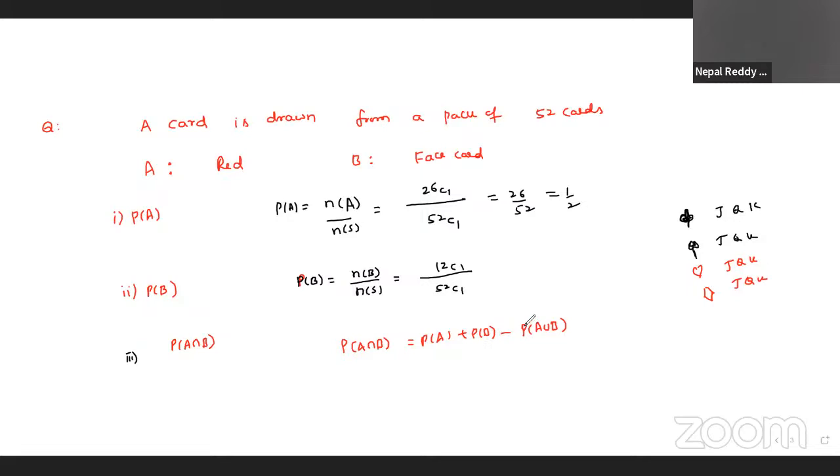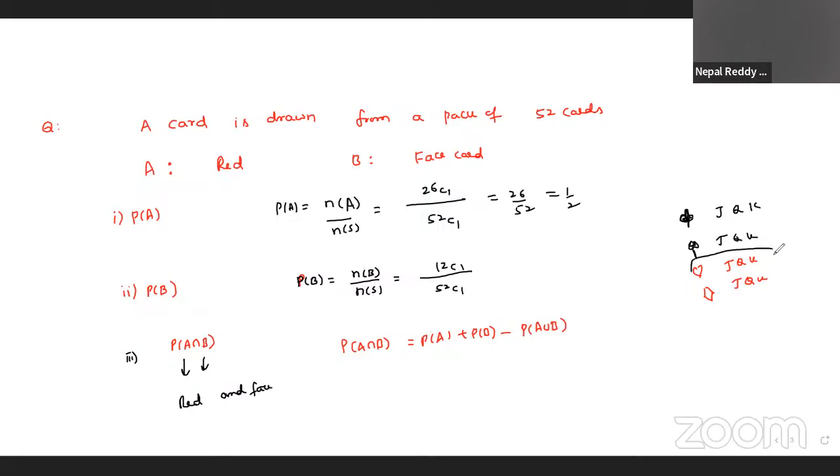Here we know the probability of A and probability of B values. Or otherwise, simply without using the addition theorem, A intersection B is nothing but red and face.